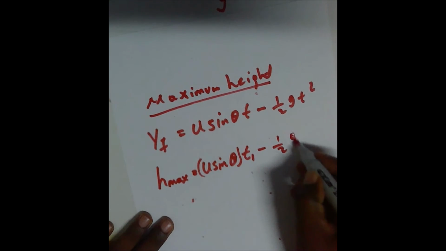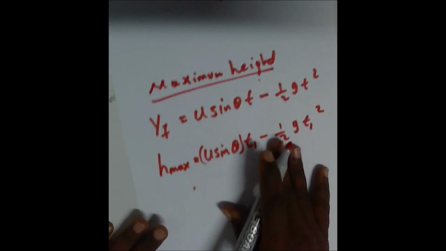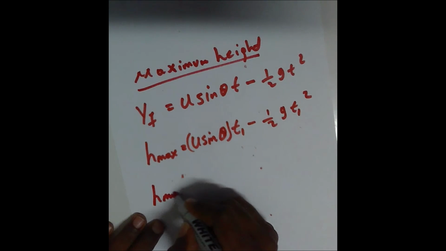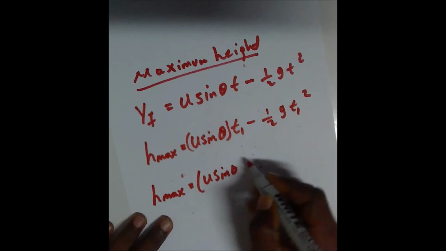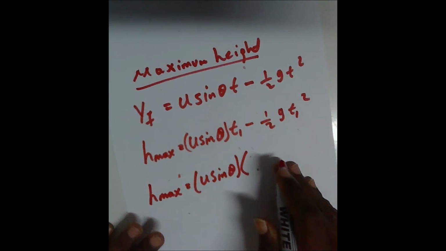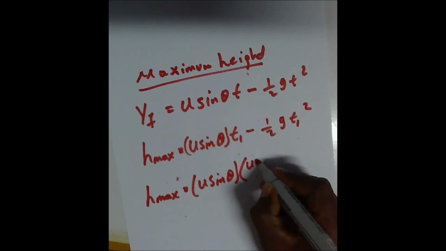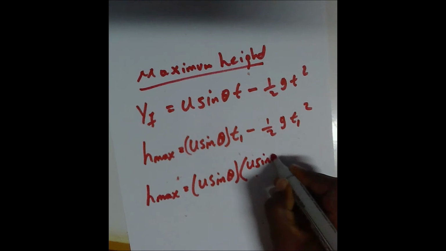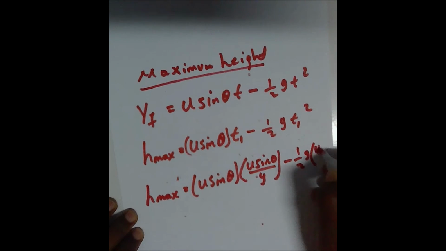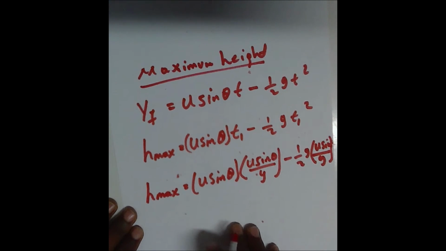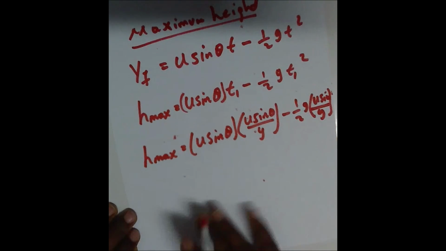So h max is equal to u sine theta multiplied by u sine theta over the acceleration due to gravity, minus half times the acceleration due to gravity times u sine theta over g, whole square.